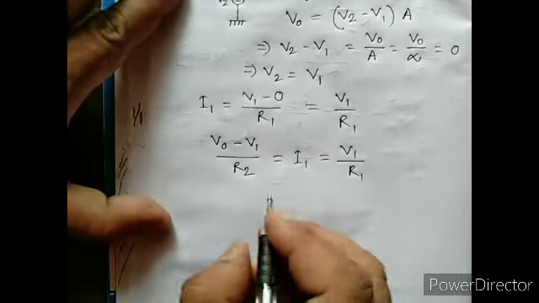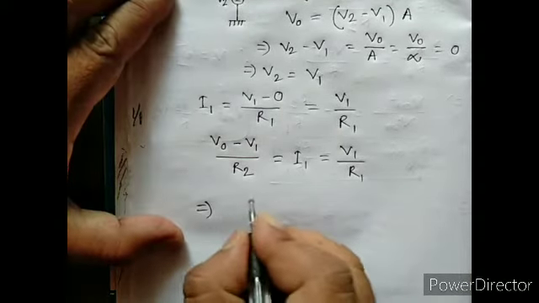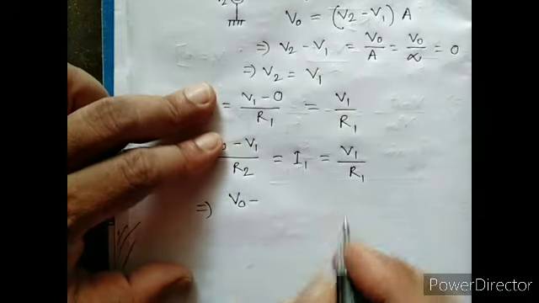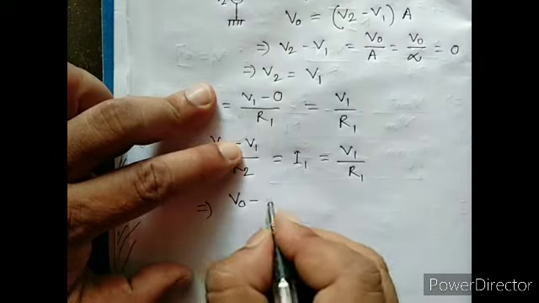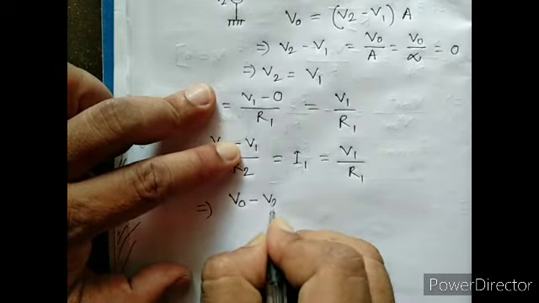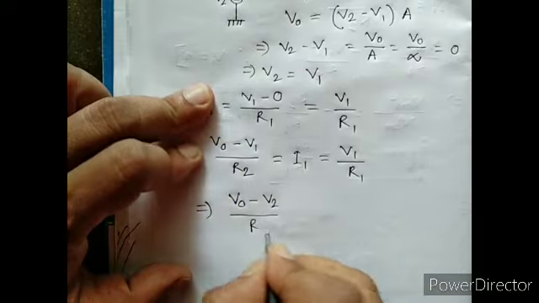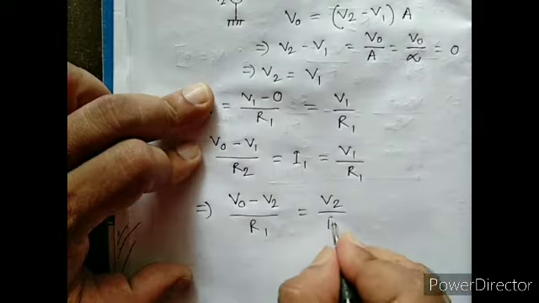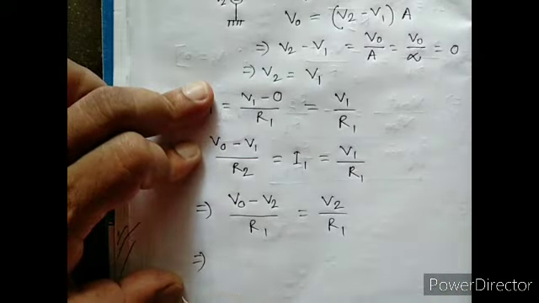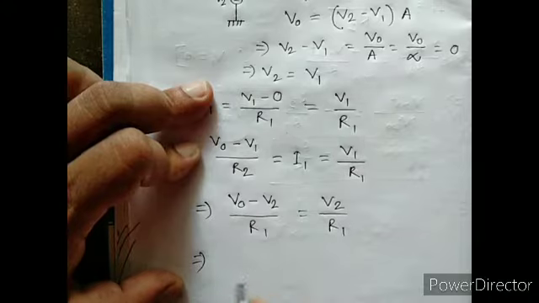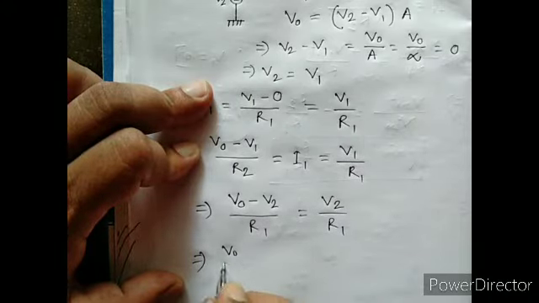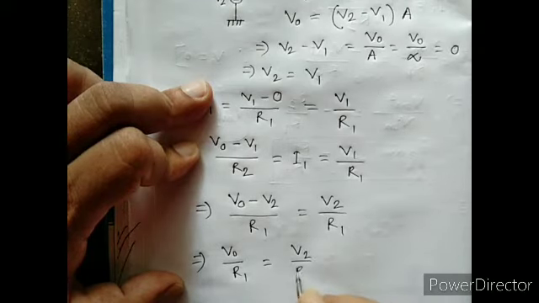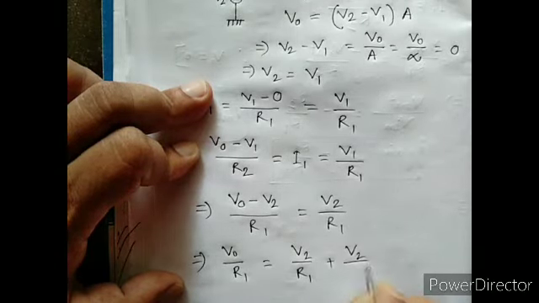So, from there we can write V0 minus V1 is nothing but V2 by R1, as V1 equals V2. So, we write here V0 minus V2 by R2 equals V2 by R1.